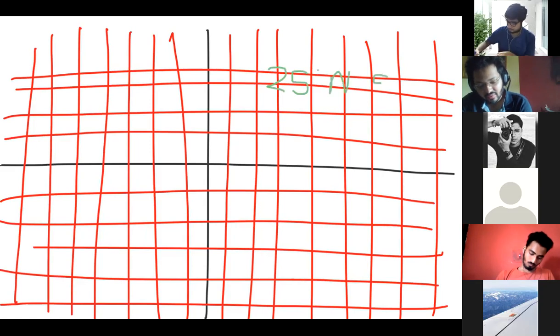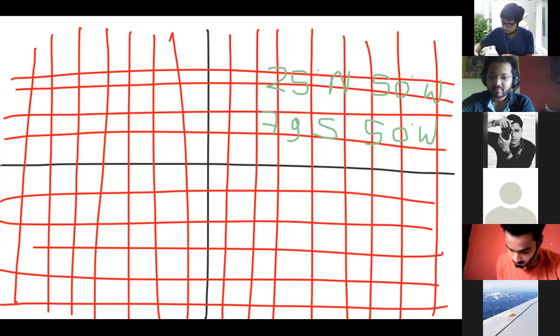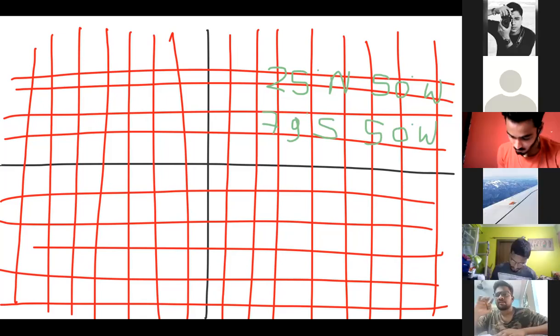The other latitude is 79 degrees south, 50 degree west. Okay, everybody written? If done, then just let me know.